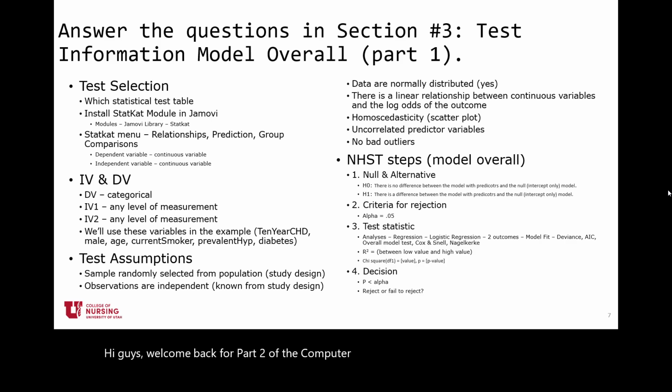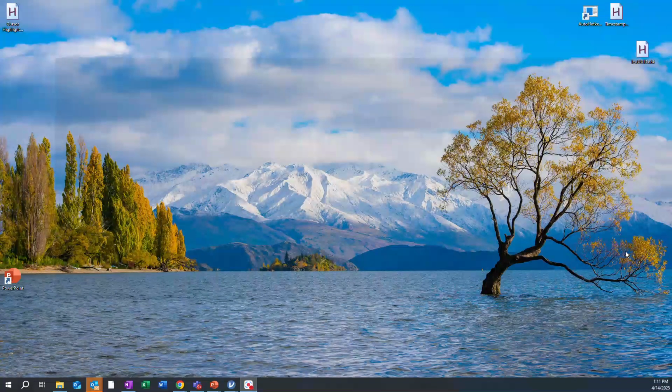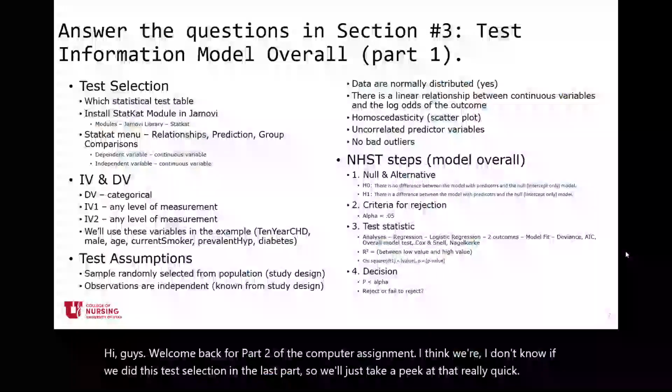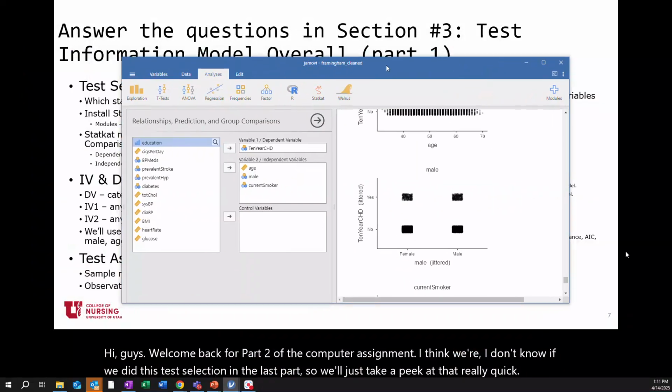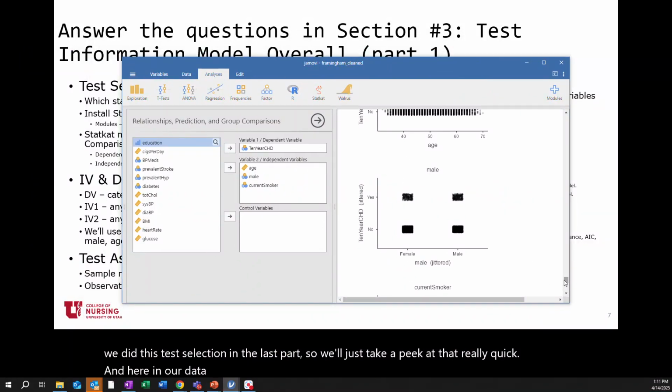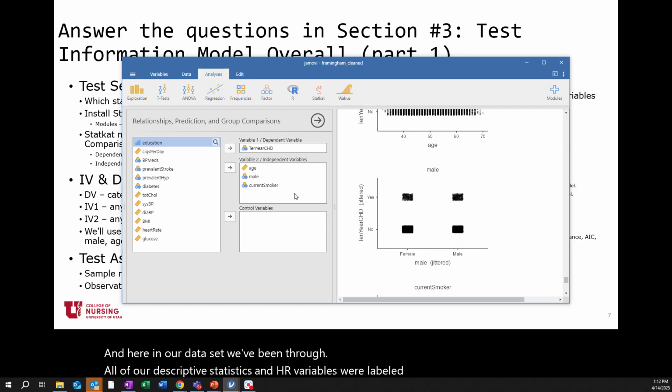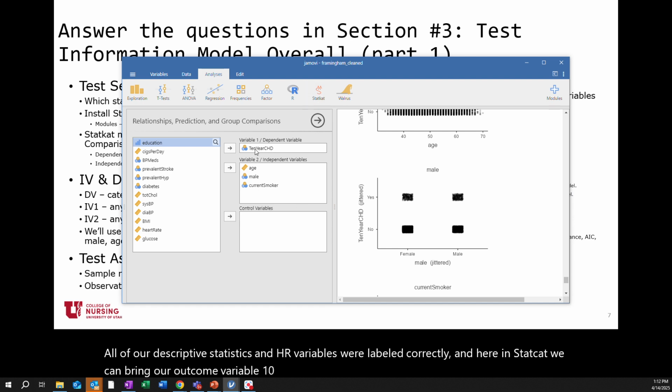I don't know if we did this test selection in the last part, so we'll just take a peek at that really quick. And here in our data set, we've been through all of our descriptive statistics and made sure our variables were labeled correctly. And here in StatCat, we can bring our outcome variable 10-year CHD over to the dependent variable box.